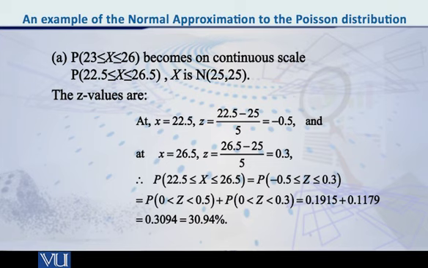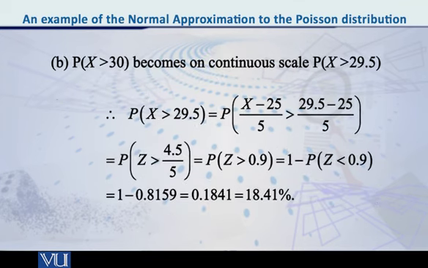In other words, the probability that we wanted to compute using the normal approximation to the Poisson is equal to 30.94%, that is approximately 31%.